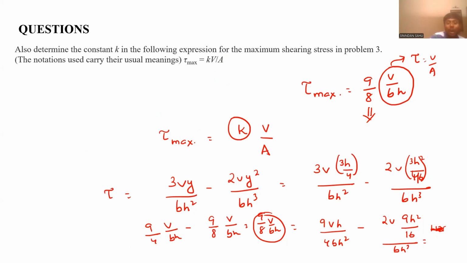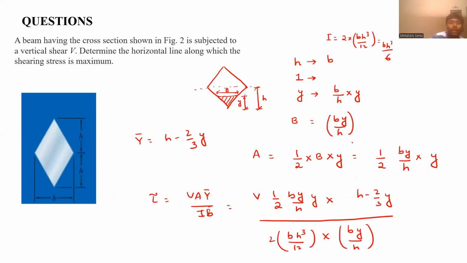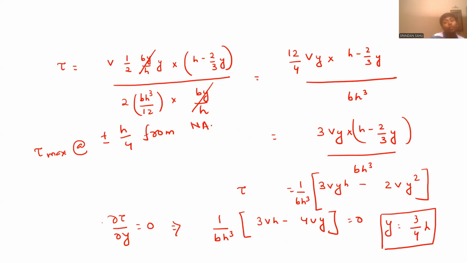So your tau max will be 1.125 V upon A, and it will occur at a depth of 3h by 4 from tip, or plus minus h by 4 on either side of the neutral axis.